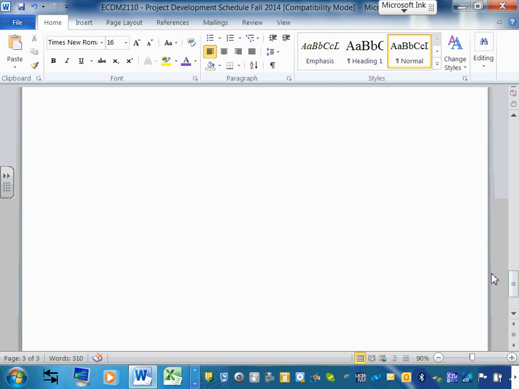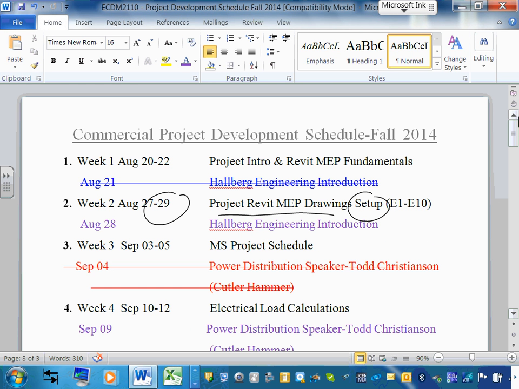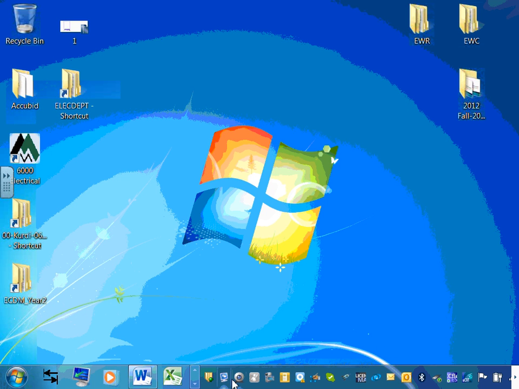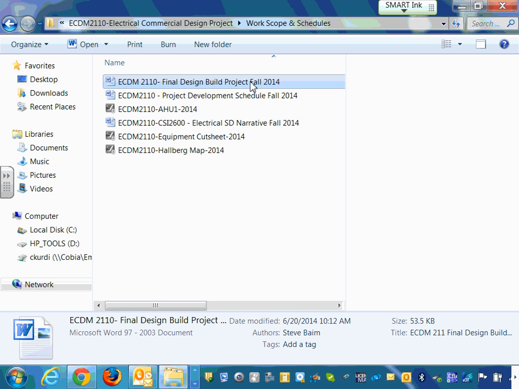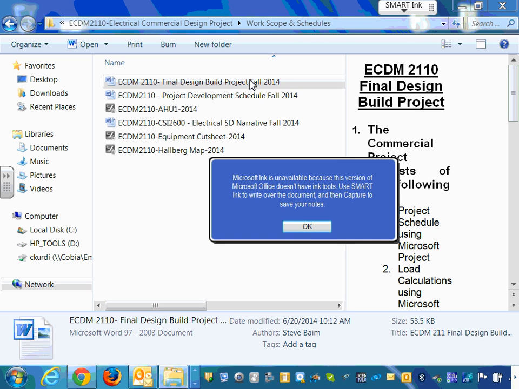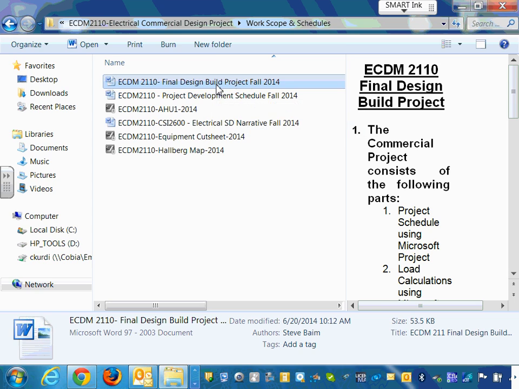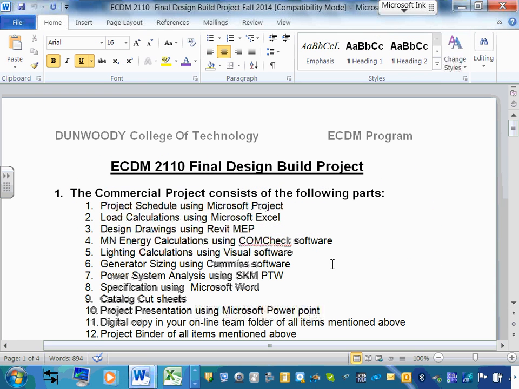Okay. So this is the first page. If you guys go to the second page in your binder, the second page is actually a second document here. It's called Final Design Build, right here. So I'm going to walk you through it.